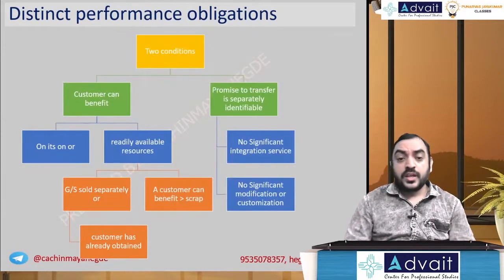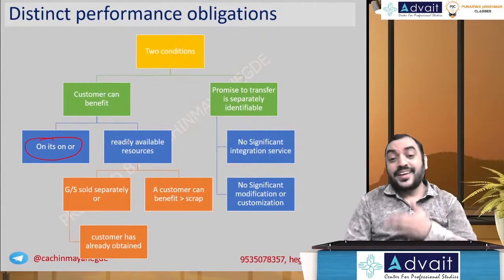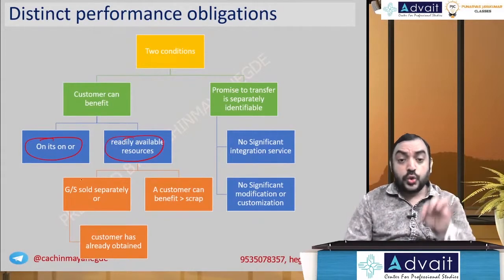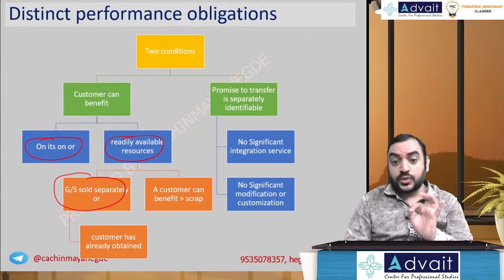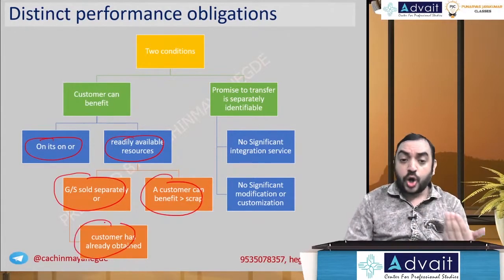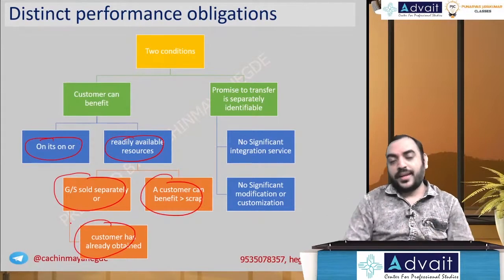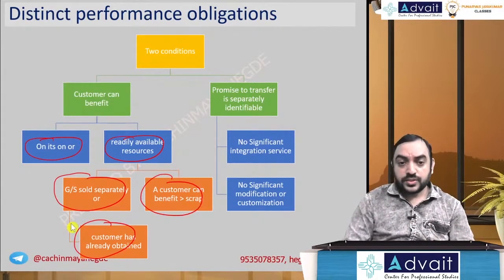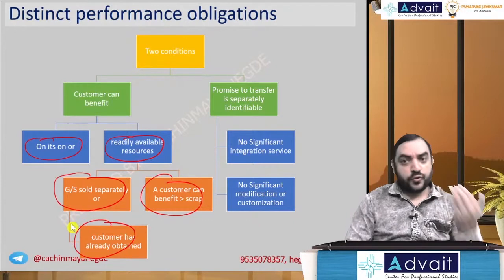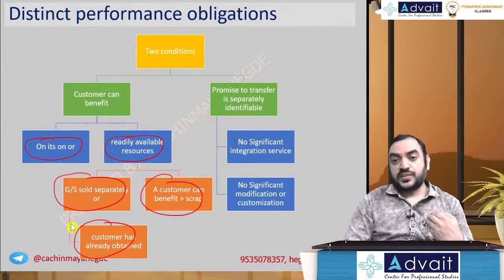Distinct means the customer can benefit on its own or with readily available resources. The good or service can be sold separately. A customer can benefit from it for more than scrap value, or the customer has already obtained it. So in this condition, what do you understand, my dear friends? The modem and the router are definitely required for you to use the internet services.